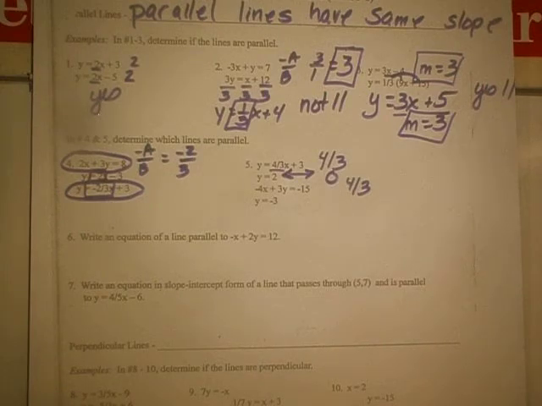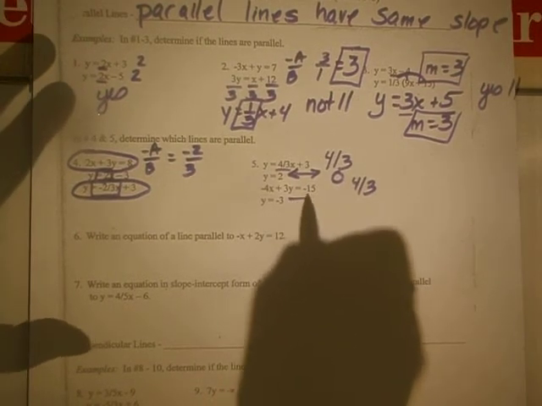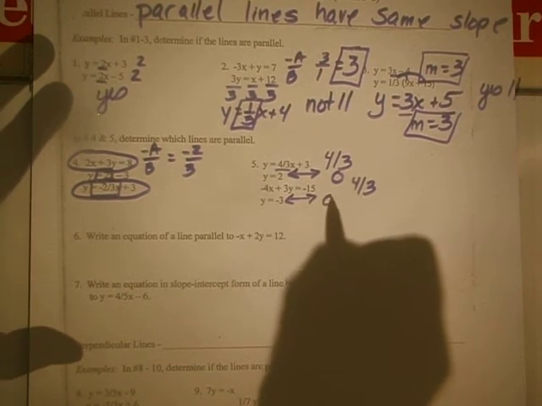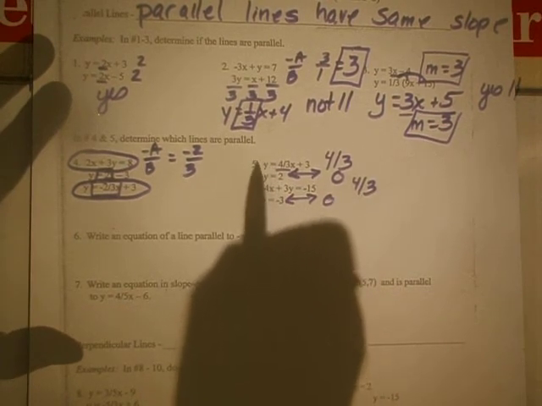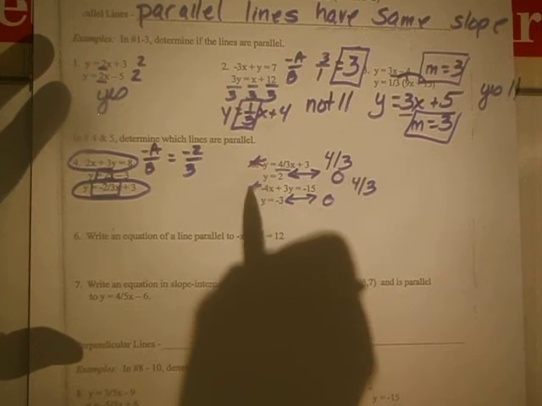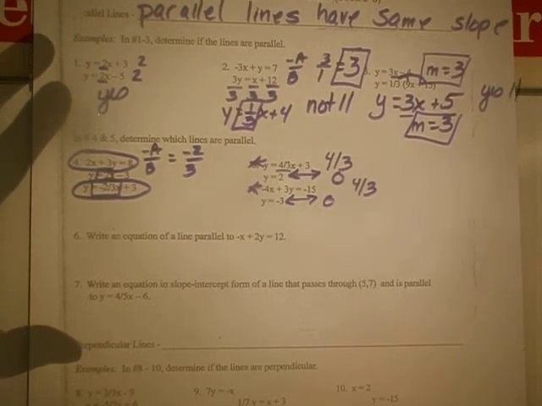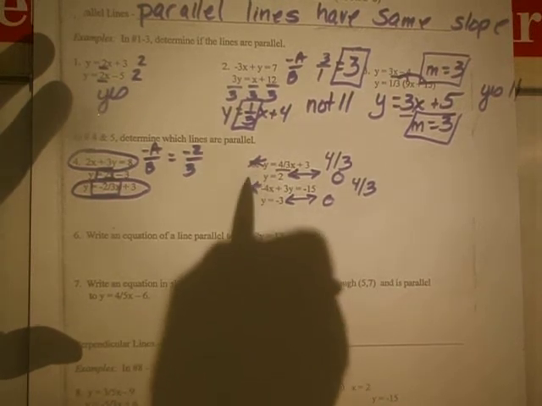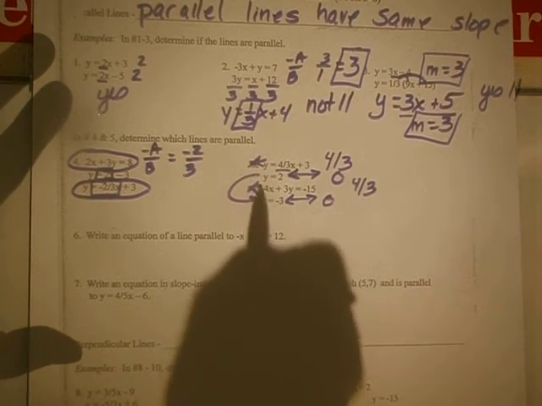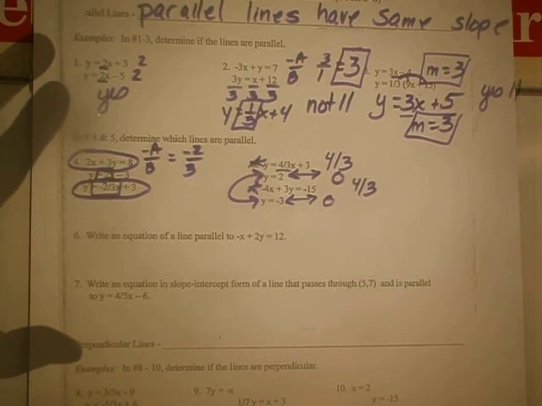It's horizontal, and that also has a slope of 0. So I would put a star by the first and third to show that those two lines are parallel. They have the same slope. And then those two lines are parallel. They have the same slope.